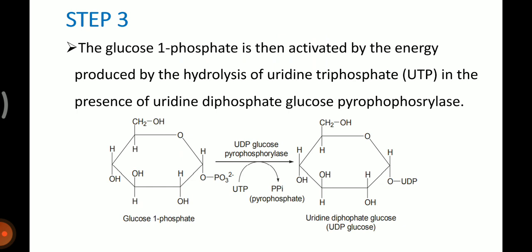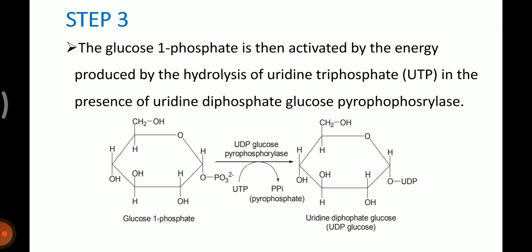The released UDP molecule attaches to the first position in the glucose molecule. So instead of the phosphate group, it is converted into a UDP group, and glucose 1-phosphate is converted into UDP glucose.